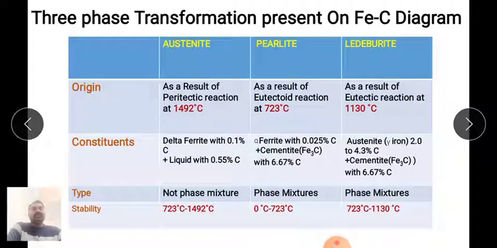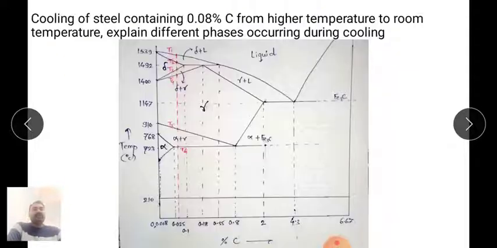Then the three phase transformations present in the Fe-carbon equilibrium diagram, that is austenite, pearlite and ledeburite. In that case, define pearlite and define ledeburite, you can explain by using this table. Then for 0.08% carbon, how the cooling of steel from higher temperature to room temperature takes place.